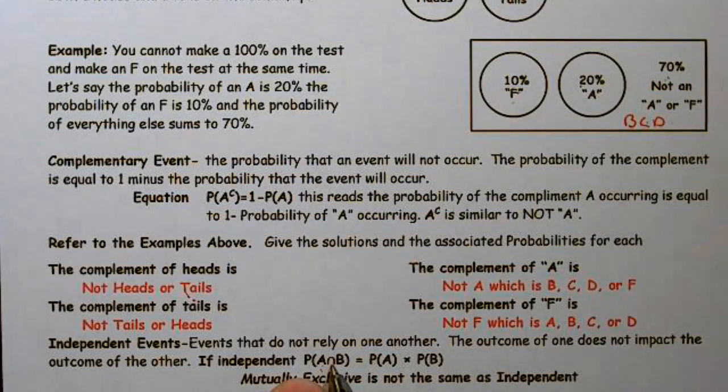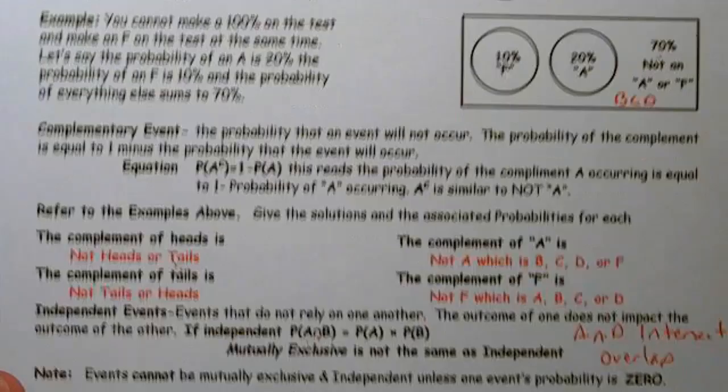So to think of intersection, we can also think of it as and. It's also intersection, and that's the overlap in a Venn diagram. All right. So if independent, A and B equals A times B; this is only true if they are independent.